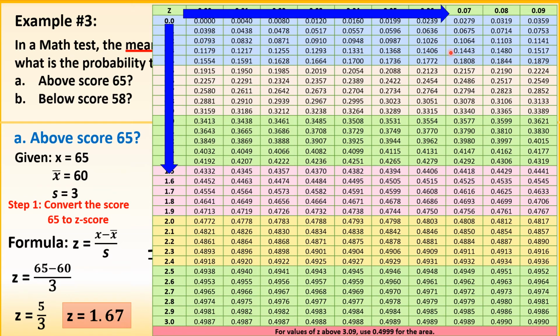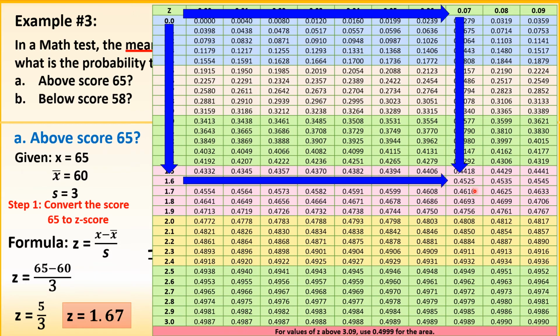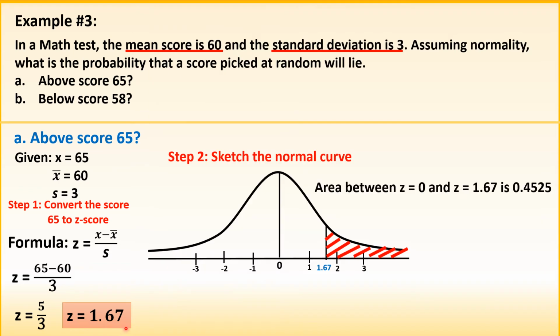So, hanapin ulit natin ng 0.07. So, ang area ng 1.67 ay 0.4525. Ito ay from 0 to 1.67 only. So, area between 0 and z is equal to 1.67 is 0.4525.